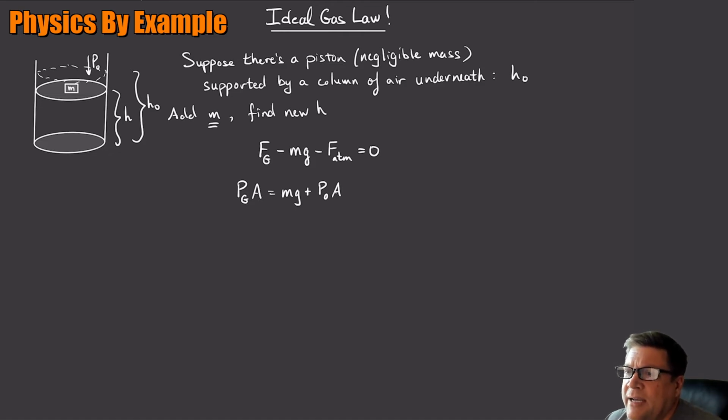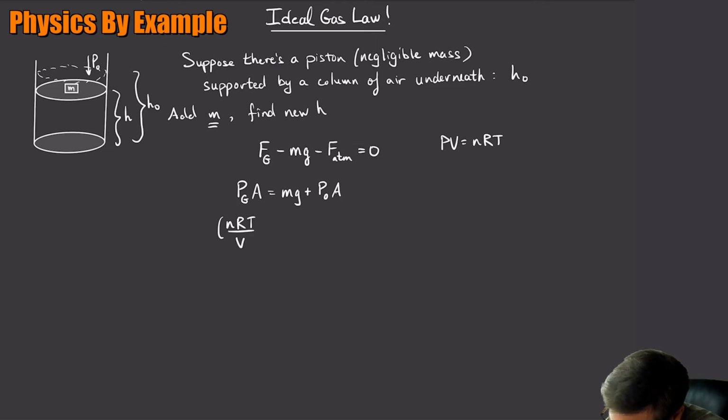So after we do that, what is our ideal gas law? PV is nRT. So for P, let's just put in nRT over the volume, times A, is mg plus P naught A. Okay, what is the volume here?